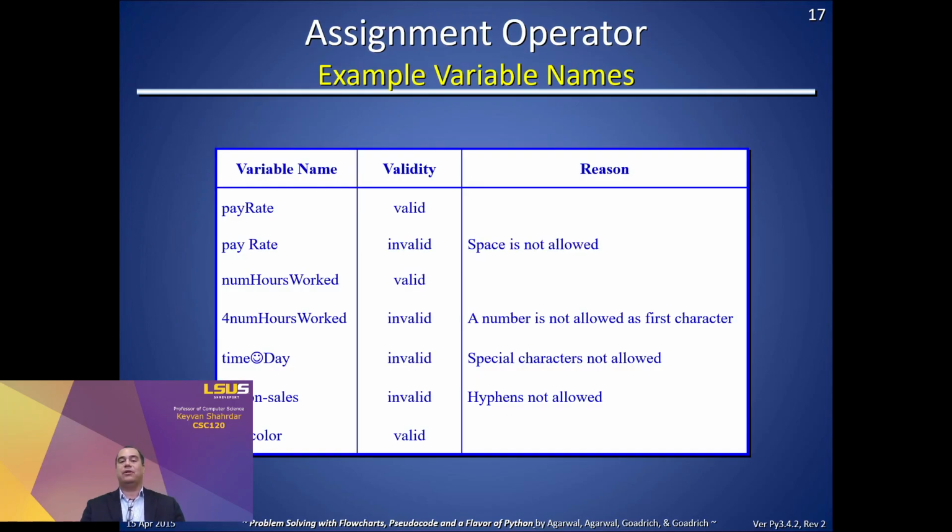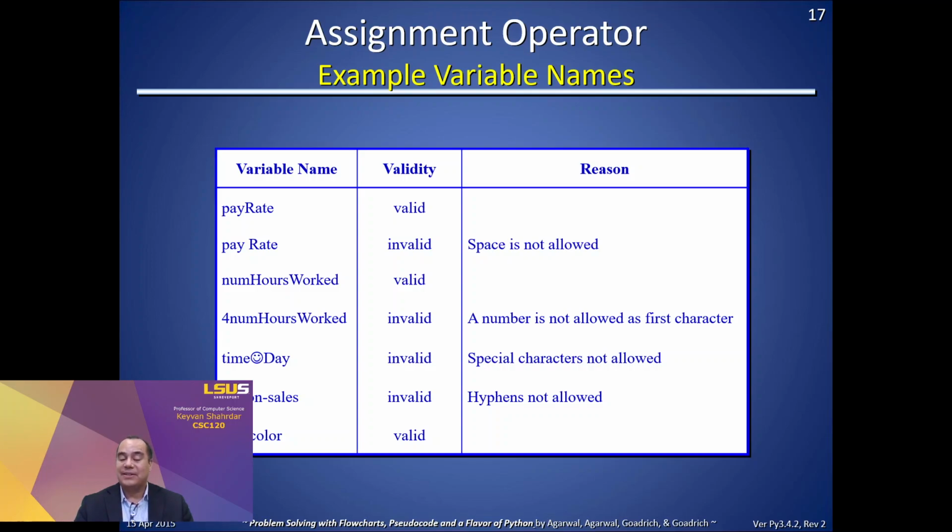Here's an assignment operator, an example of a variable table. Pay rate, P-A-Y, capital R-A-T-E, that's valid. But if you have pay space rate, that's not valid as a variable. Num hours worked is valid. But if you put a 4 before num hours worked, that's invalid because a number is not allowed in the first character.